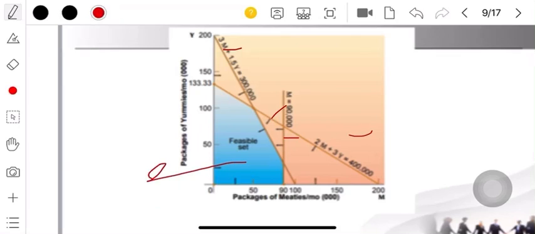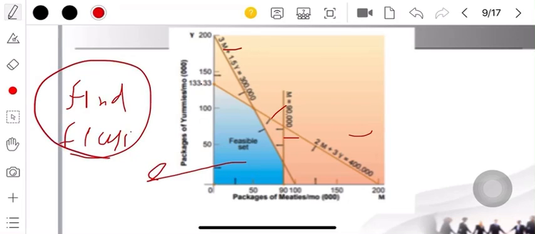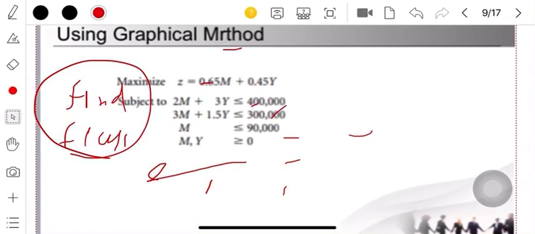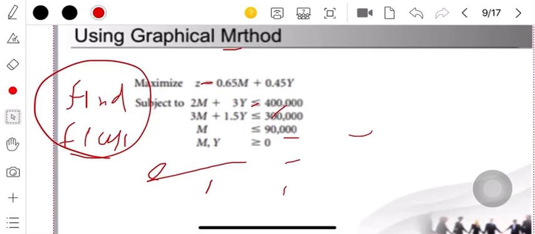So find the feasible region. Now what you need to do after finding the feasible region: this is corner point 1, corner point 2, corner point 3, corner point 4, corner point 5. So we have the objective function. Just put the value of every corner point into the objective function, and the point having the maximum value for this objective function will be the optimal solution.